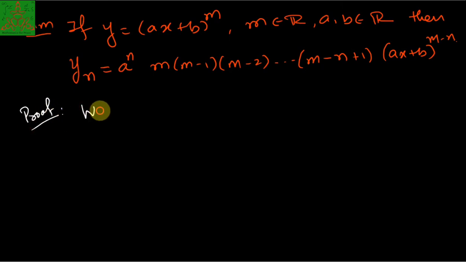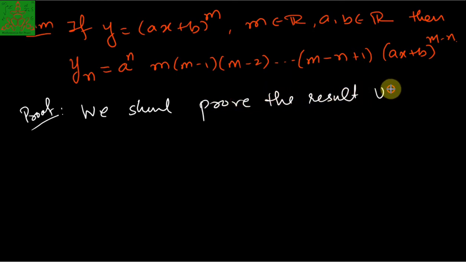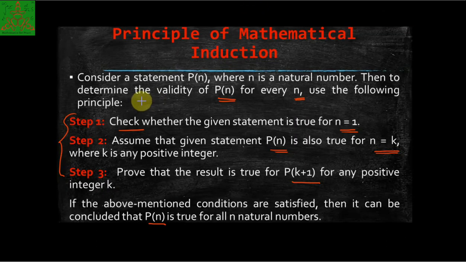We shall prove the result using PMI. Let us recall what PMI is. Pn is a statement which we want to prove for any natural number n. Then you have to follow three steps.